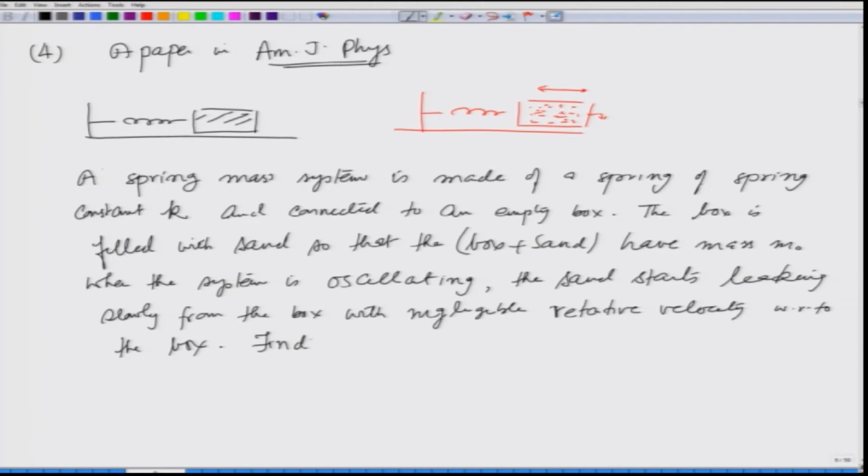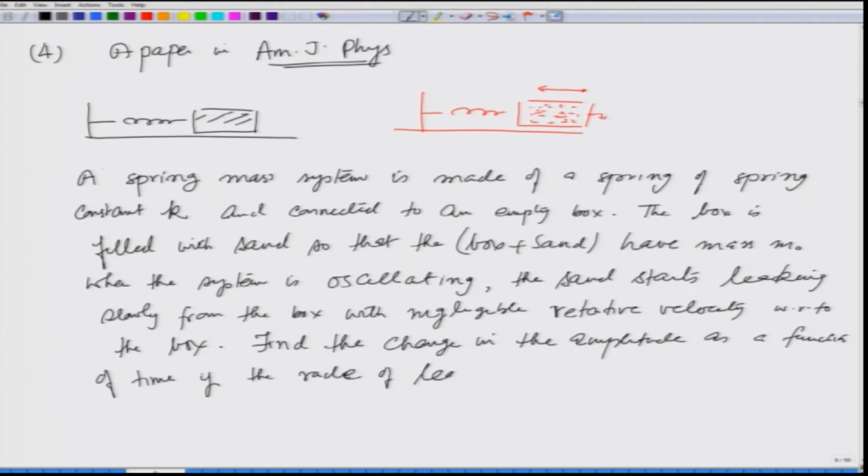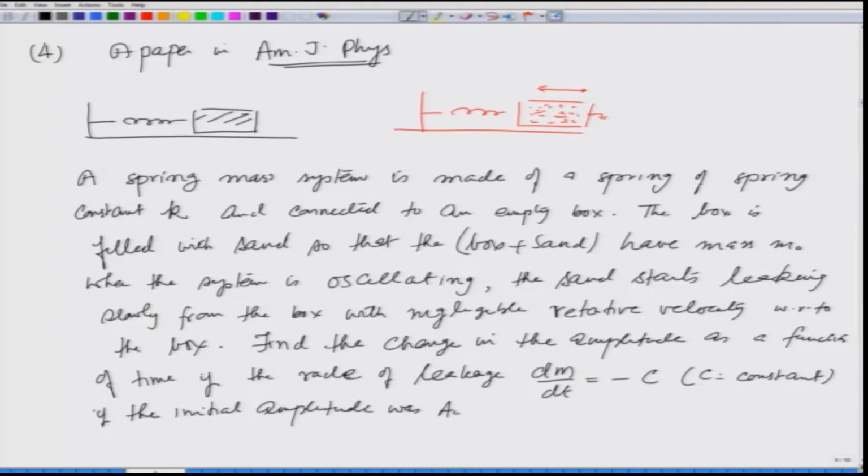Find the change in the amplitude as a function of time if the rate of leakage dm/dt is equal to minus c, c is a constant, if the initial amplitude was A0.